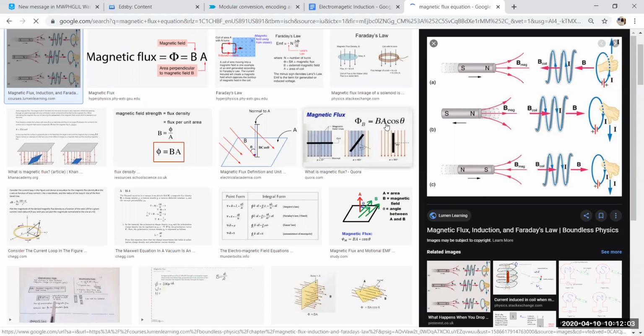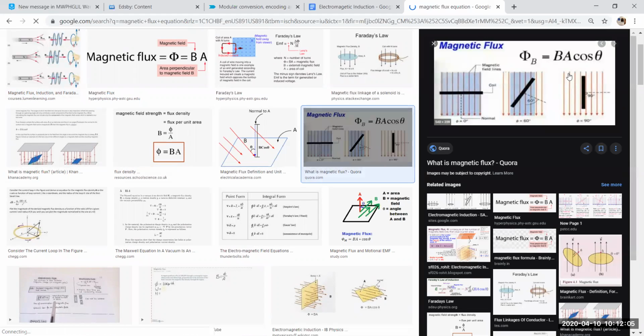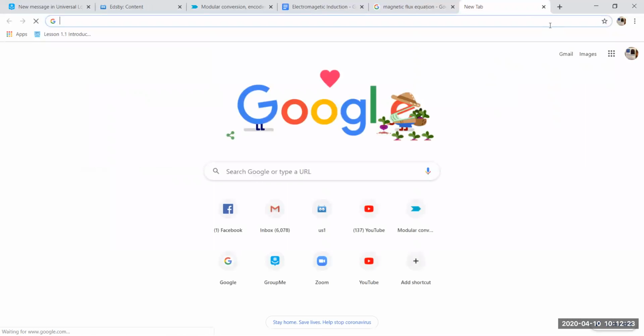I was trying to show you. It's a better view, right? This is the magnetic flux equation we're going to use, right? And since we have angles that are utilized for understanding what the B field does in correlation to the electricity that's provided, we have to use theta, and that's what theta means, right? Theta is the angle.